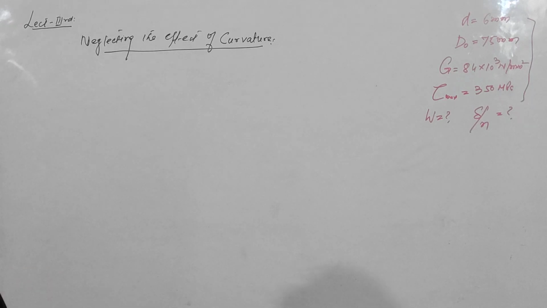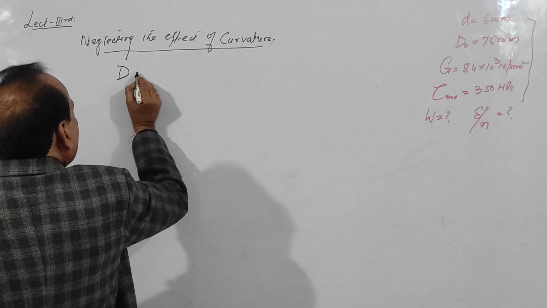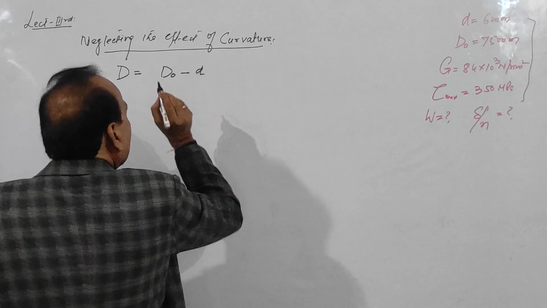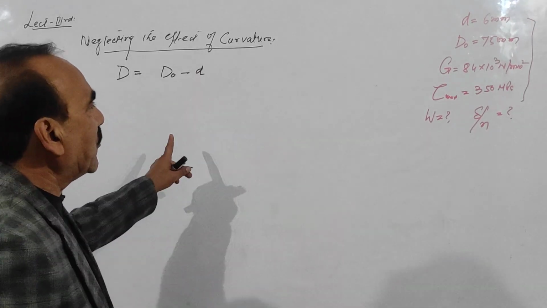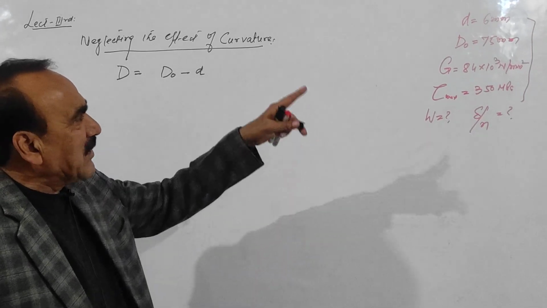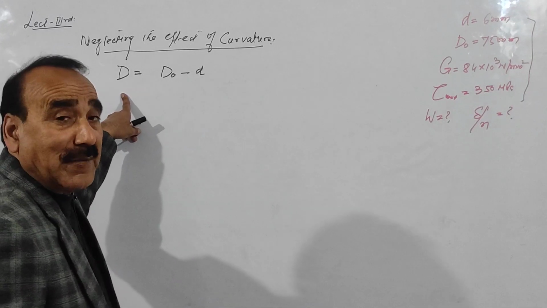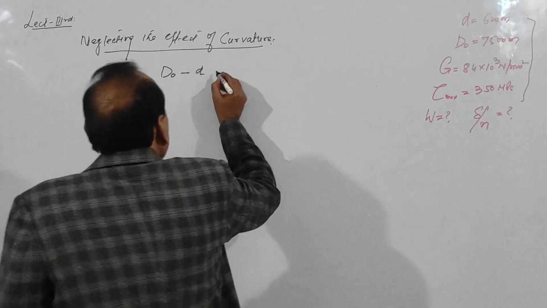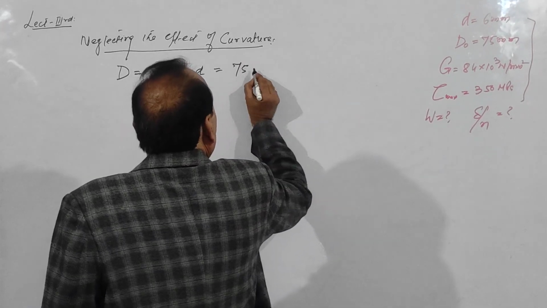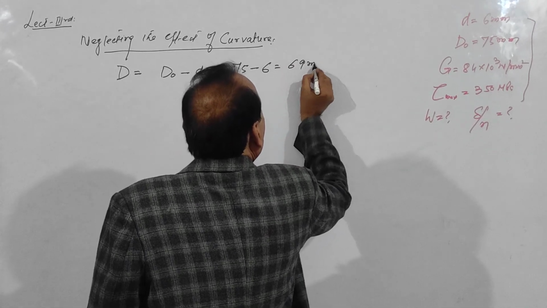I told you that the outer diameter is given. So mean diameter D is equal to D naught minus d. Remember this formula. When the outer diameter of the spring coil is given and the diameter of the wire is also given, you can calculate the mean diameter. So mean diameter here is 75 minus 6, which is equal to 69 mm.